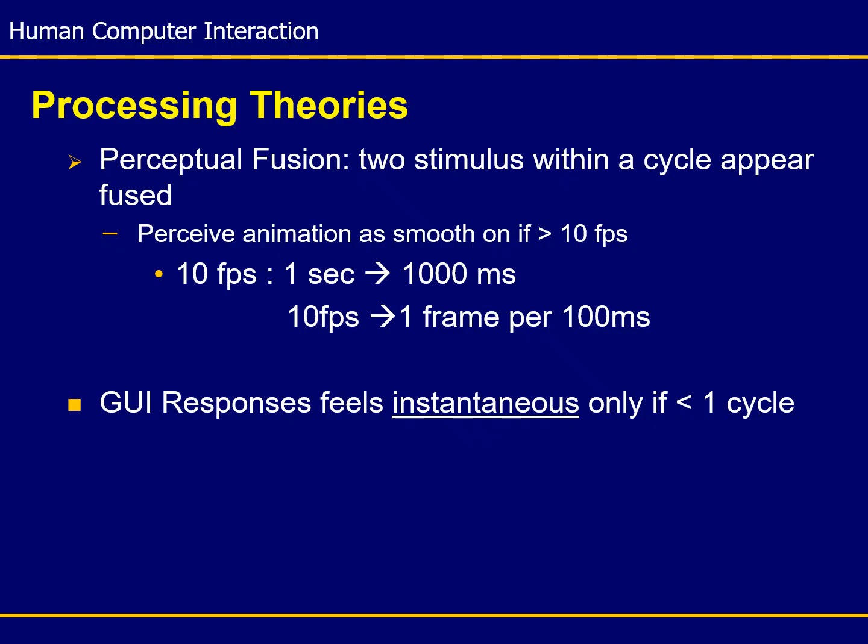But within 100 milliseconds, it looks like 1 unit of time to the user. Okay? So if you're looking for instantaneous feedback, then you have to target less than 100 milliseconds. Now, within the 100 milliseconds, it doesn't matter if it's 50 or 70 or 90, because for the user, it's 1 unit of time. It's 1 perceptual cycle. Okay? The user will feel that they are the same.